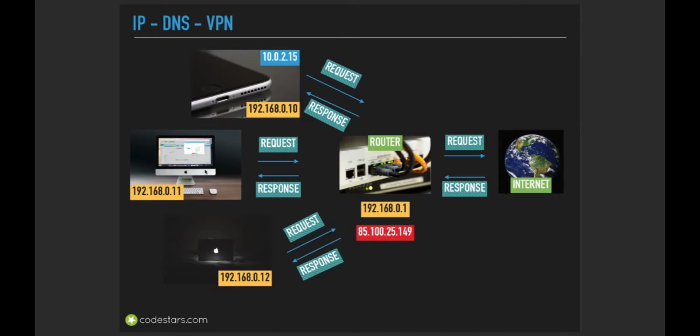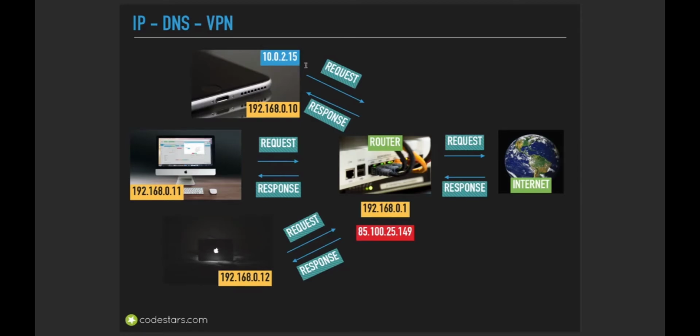But if these devices are connected to the router directly, they will have 192.168, but if they are on a NAT network, like in our case, they will have an IP of 10.0.2.15.